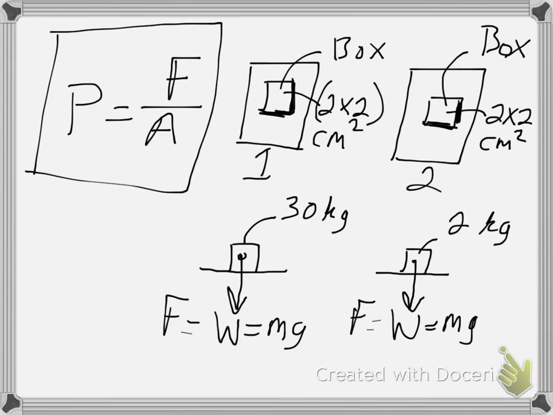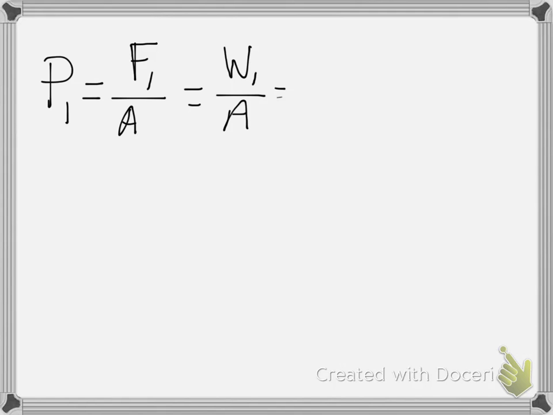And now what we can do is plug both of these situations into the formula for pressure. We'll say that the pressure in situation 1 is equal to the force in situation 1 over the area, which the force in situation 1 was the weight for situation 1, which was the mass of box 1 times g, over, well, 2 by 2 would be 4, over 4 square centimeters.